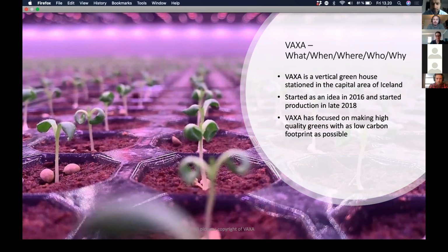The idea of vertical farming, which is somewhat of a growing trend around the world, is of course that you have the benefits of lower land use, more efficient nutrient use, and also a more circular use of the biochemical cycle, so that you don't have the same types of nutrient runoffs that you have in conventional farming.